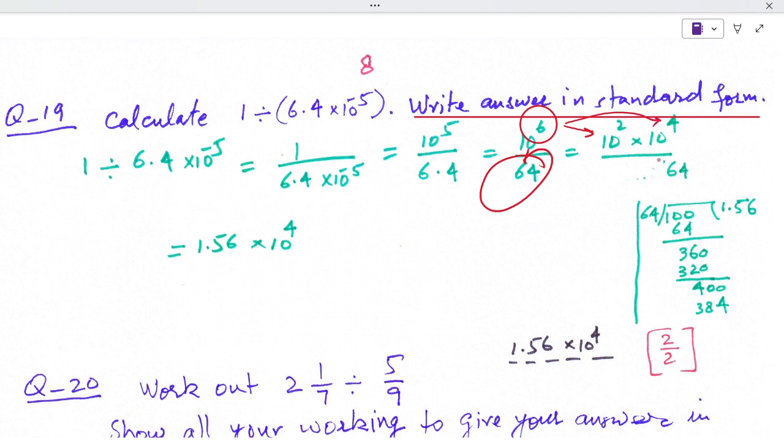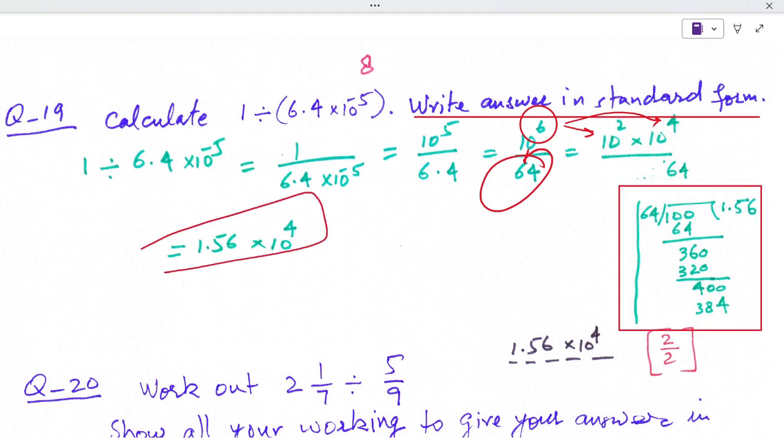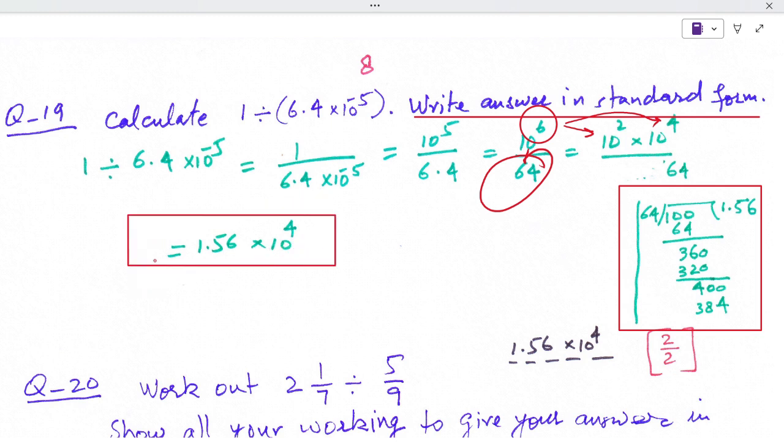I have done this because 100 can be divided with 64 and we'll get an answer in decimal form. So in the rough area, I have divided 100 with 64 and I have come to 1.56. So the answer comes to be 1.56 into 10 power 4, which was there in the last step up. So we get an answer and we score 2 marks out of 2.